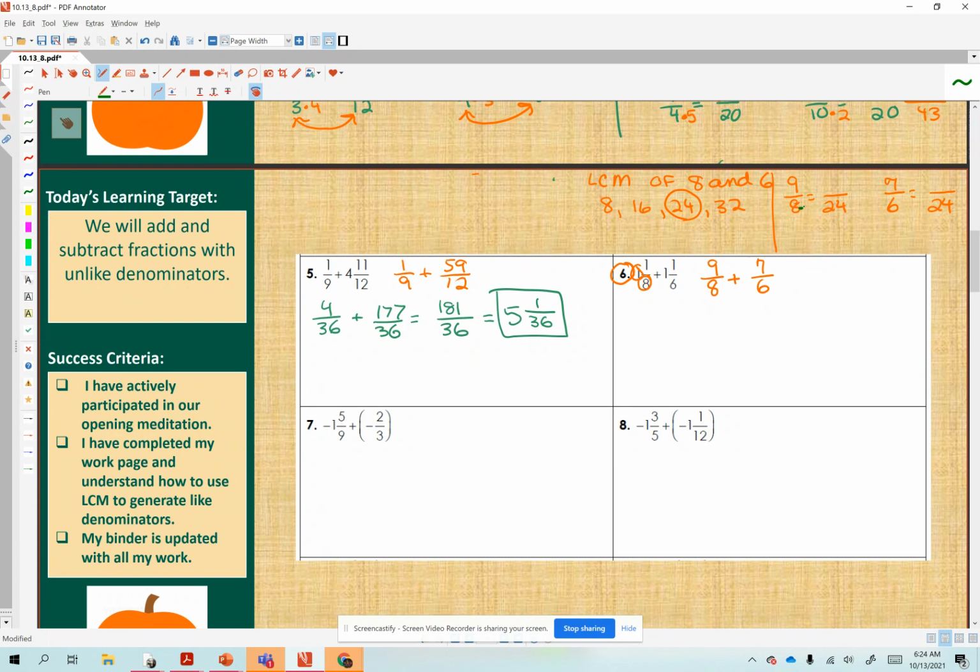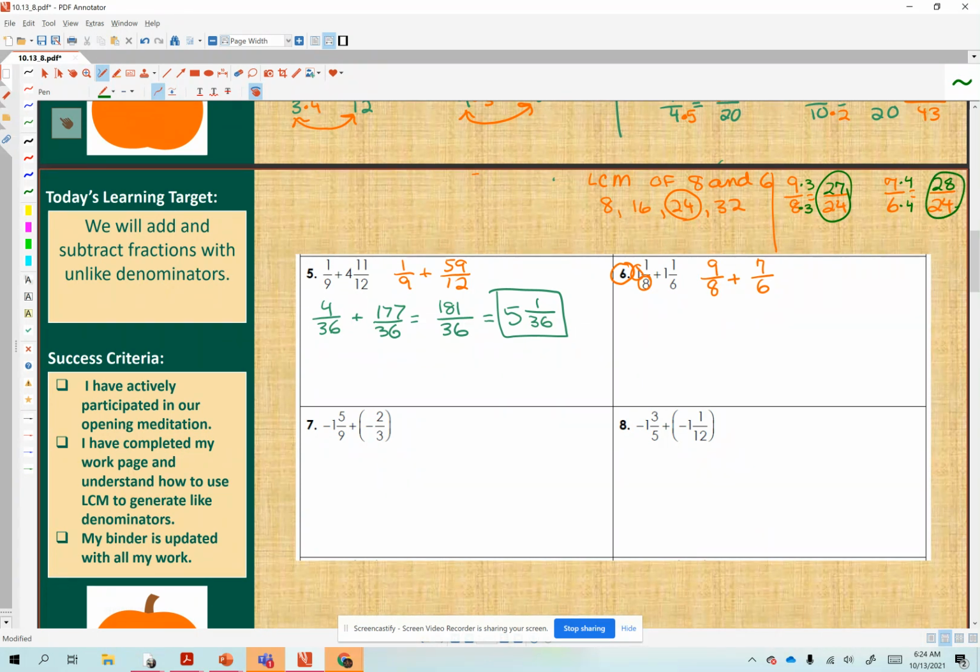So we need to convert 9 over 8 to 24ths, and 7 over 6 to 24ths. 8 times 3 is 24, 9 times 3 is 27. So that's our first new equivalent fraction. 6 times 4 is 24, 7 times 4 is 28. So that's our second equivalent fraction.